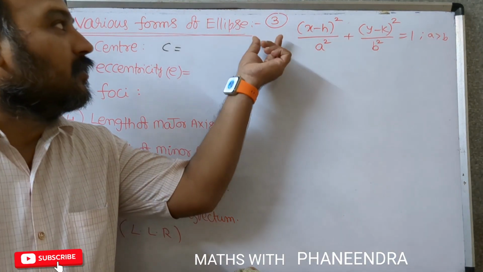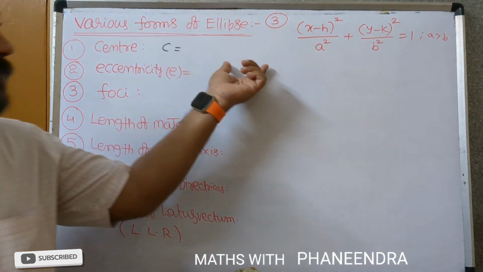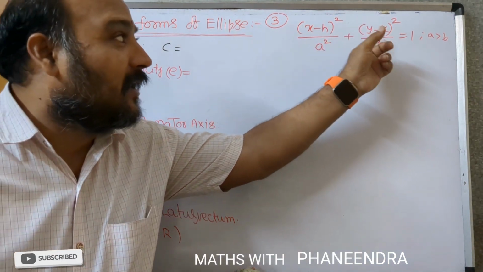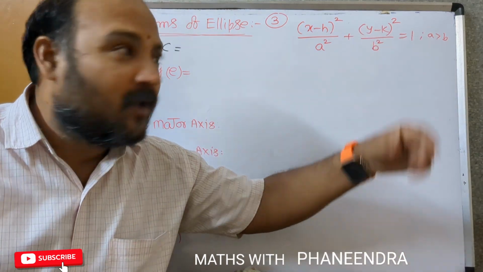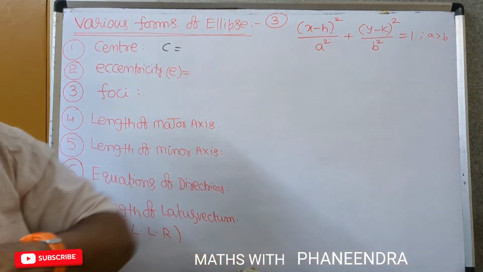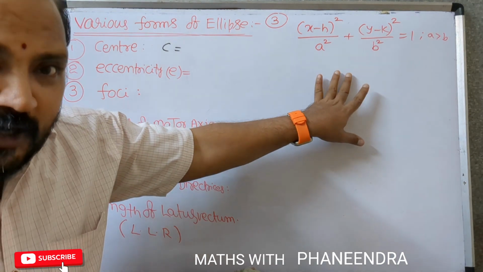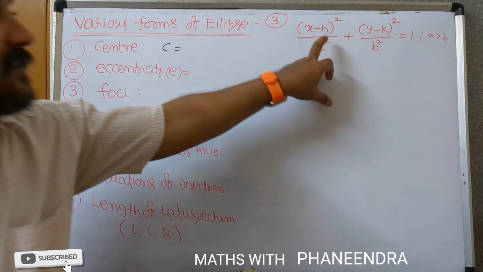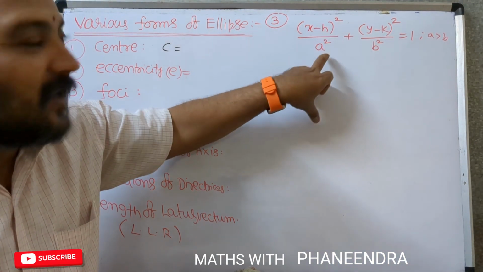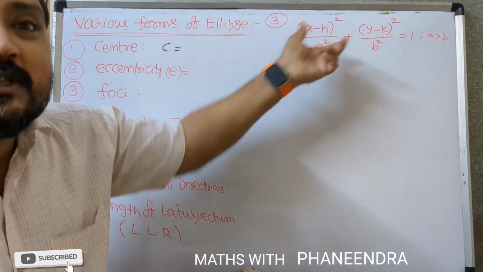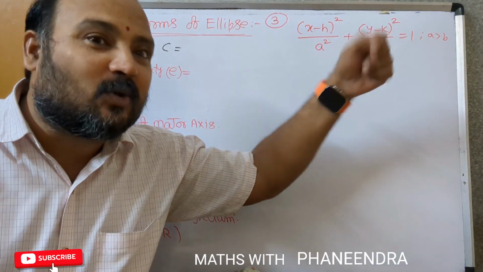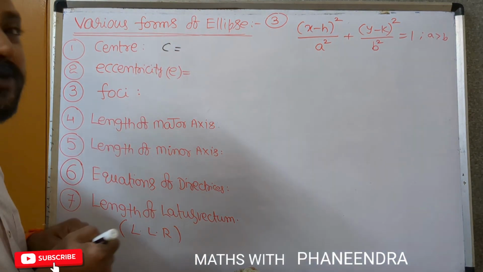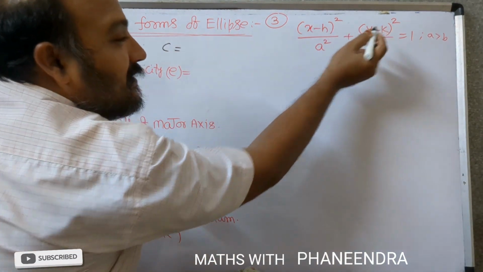Now, the third type, various forms of the ellipse: (x minus h) whole square by a square plus (y minus k) whole square by b square equal to 1, when a is greater than b. This is the equation of the ellipse whose center is not at the origin; the center is h comma k. Previously it was x square by a square, but here x minus h whole square, so h comma k is the center.